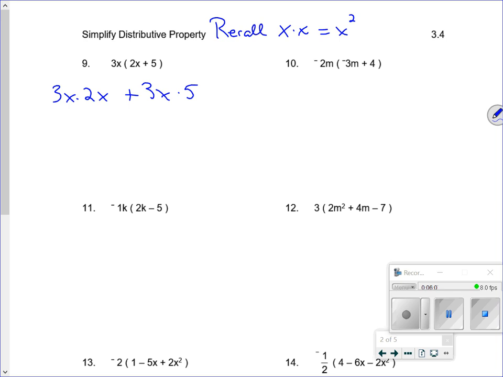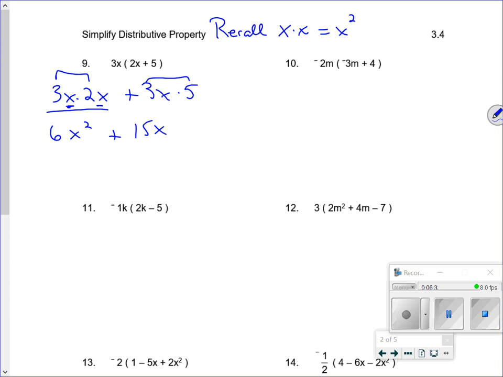One of the most common mistakes that I see on this is leaving the square off. When you multiply 3x times 2x, you do 3 times 2 gives you 6, and then x times x gives you x squared. So make sure you don't leave that square off. And then the second one, 3 times 5 is 15, and make sure you don't leave that x off.